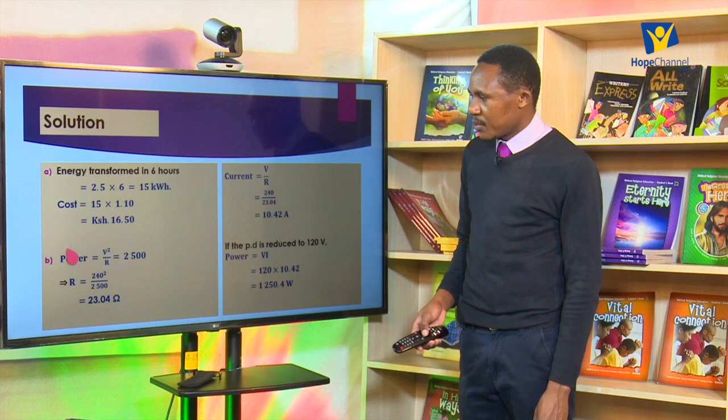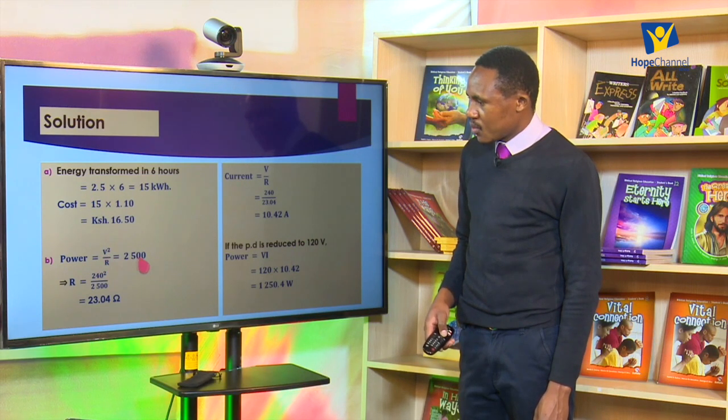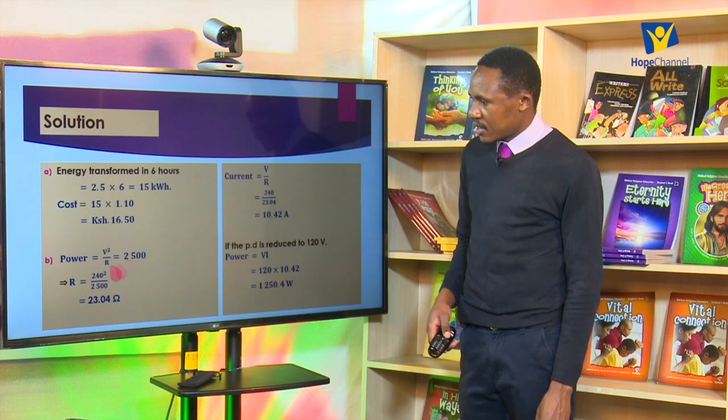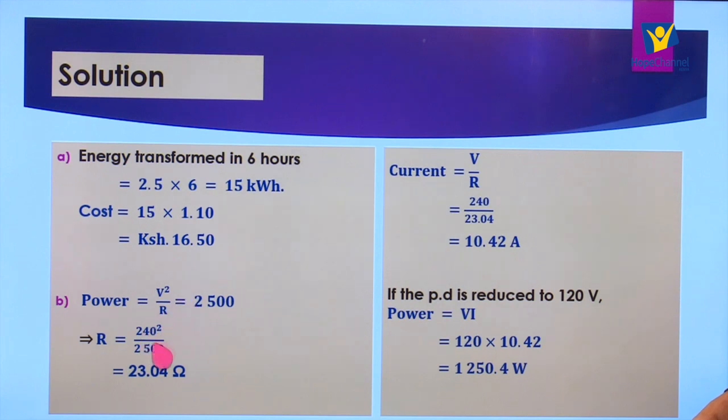from the definition of power, power is the square of the potential difference divided by the resistance. The power consumed is 2500 watts. So from here, the resistance is equal to V squared divided by P. V is 240, so 240 squared divided by 2500 gives us a resistance of 23.04 ohms.